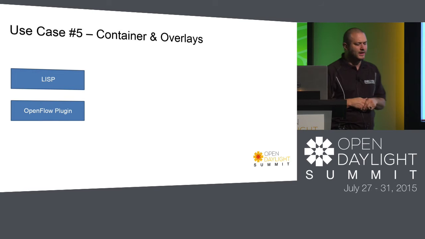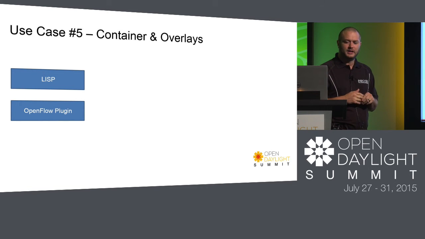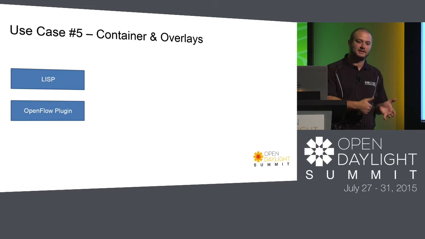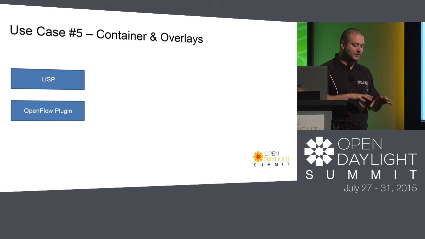Finally, another last one that we've done is containers and overlays. I've talked about overlays and tunneling, but when you're working with containers, you don't necessarily have the same level of access to the underlying edges.